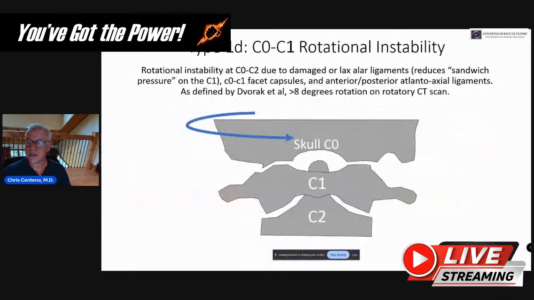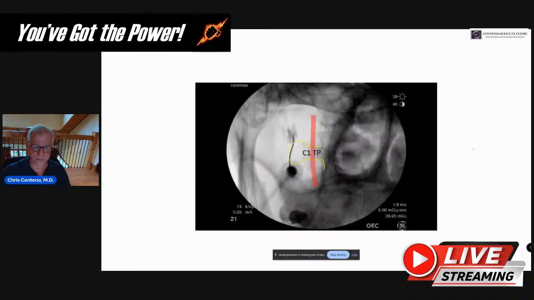Also, the rotational instability that I talked about before. It should say C0 to C1, but this is going to be the skull rotating on the atlas, or C1. This is where that ligament would live, and there'd be one over here as well. So it makes sense that it would resist the skull rotation on C1.